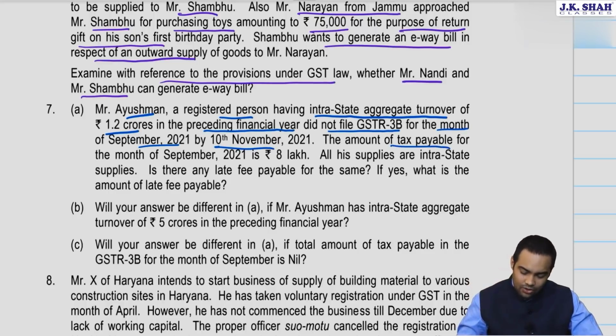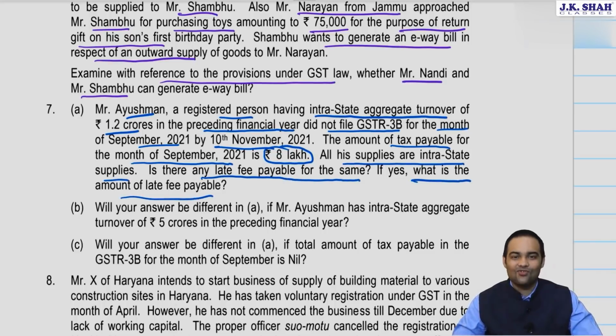The amount of tax payable for the month of September 2021 was 8 lakh. All his supplies are intrastate supplies. Is there any late fee payable for the same? If yes, what is the amount of late fee payable? Careful people, a new amendment has happened in this.